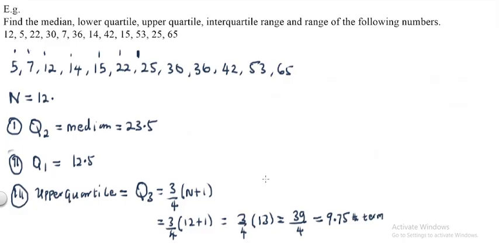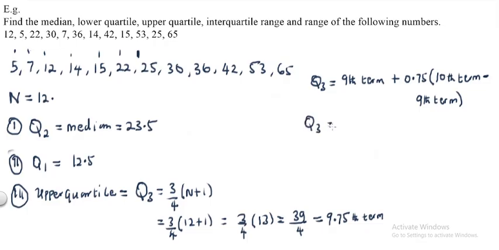That means the upper quartile, Q3, will be equal to the 9th term plus 0.75, open bracket, because 9.75 falls in between the 9th term and the 10th term, so this will be the 10th term minus the 9th term. I'll go to my list and get my 10th term and my 9th term. This is my first term, my second, third, fourth, fifth, sixth, seventh, eighth, ninth. This is my 9th term, which is 36. This is my 10th term, which is 42.